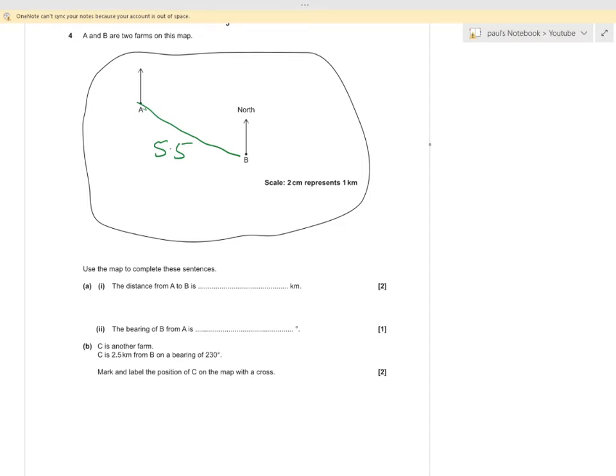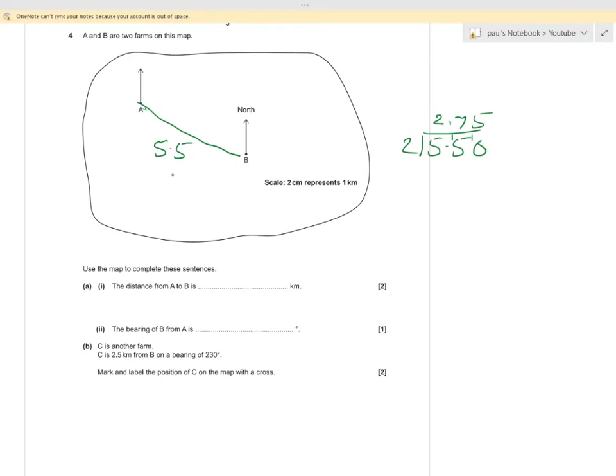So 5.5, I made this difficult for myself, divided by 2, which is 2.75. So 2.75 kilometres.